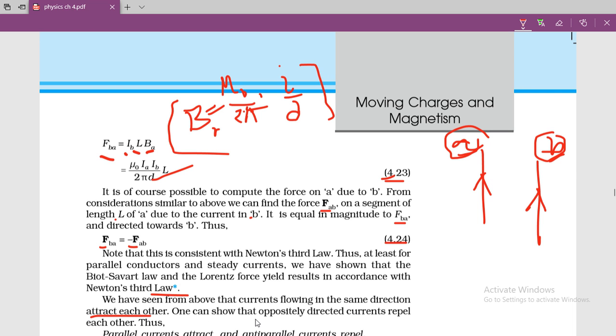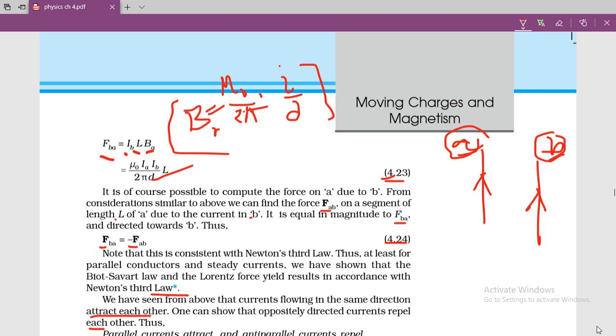One can show that oppositely directed currents repel each other. If the current in both of the conductors are in opposite directions, they will repel each other.